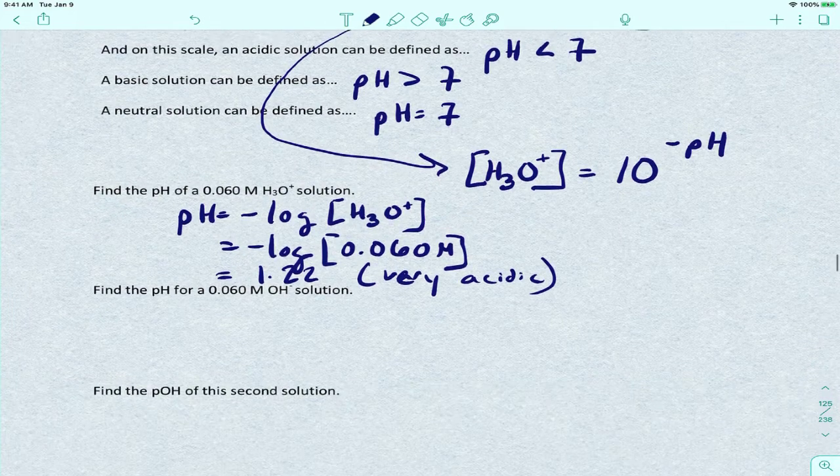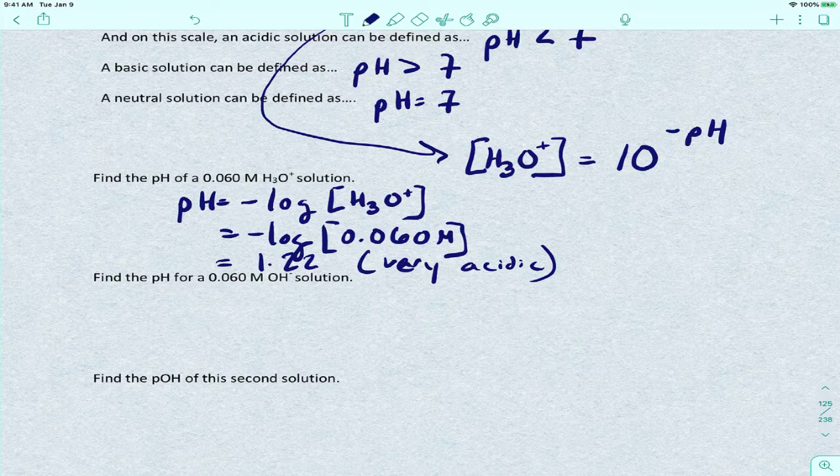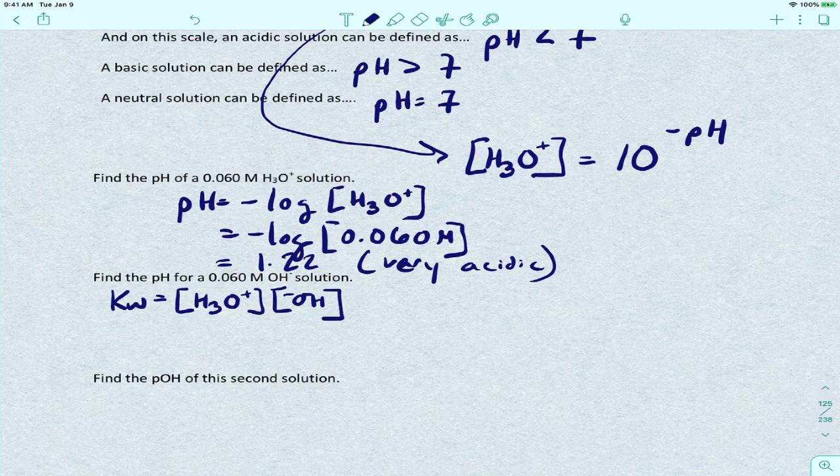Now, if we wanted to find the pH of, let's say the concentration is 0.060 molar hydroxide ion, we've got to find the concentration of H3O plus. So this is going to be a two-parter for us. First, we have to find the concentration of H3O plus using the equilibrium expression. Kw is equal to the concentration of H3O plus times the concentration of OH minus.